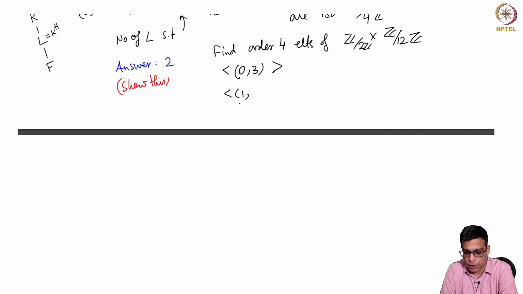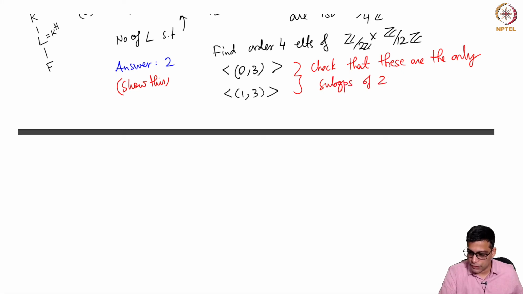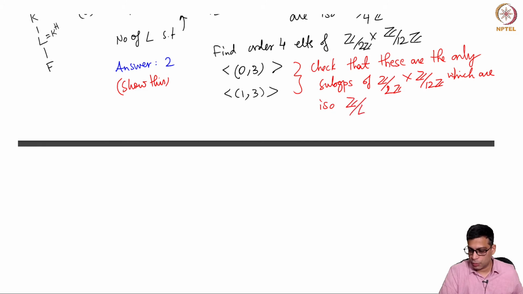And the other possibility is you can take 1 which has order 2, and to get order 4, the other thing has to be order 4. Okay, so again you have to have order 3. So check that these are the only subgroups of Z mod 2 cross Z mod 12 which are isomorphic to Z mod 4.